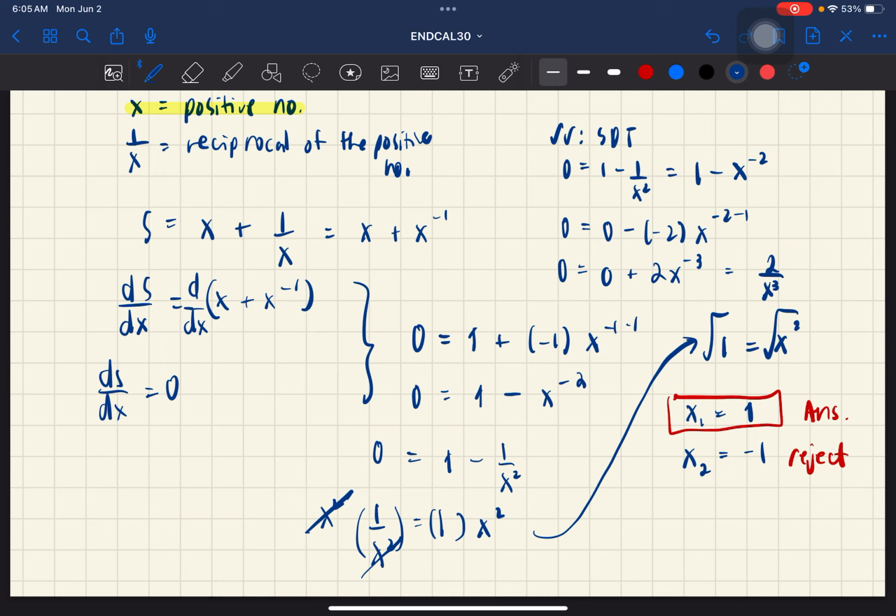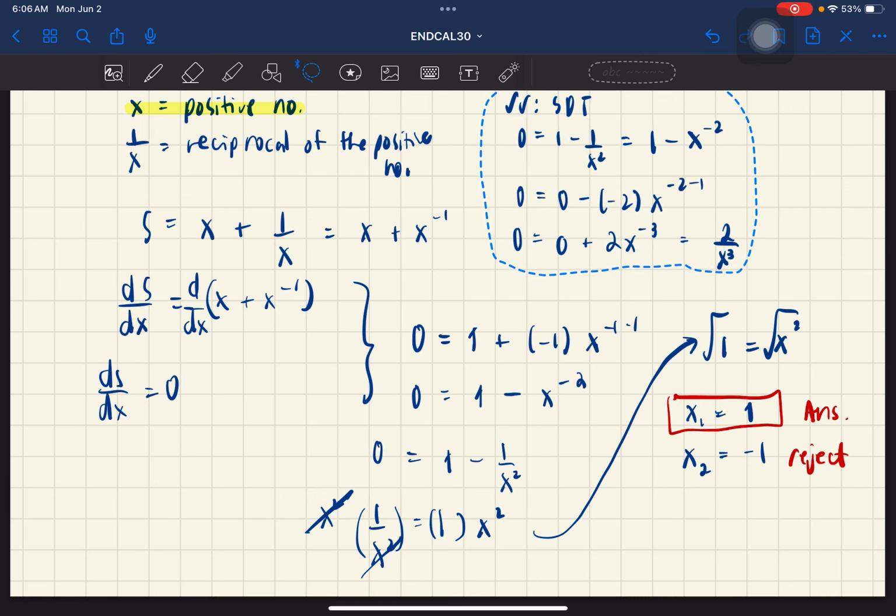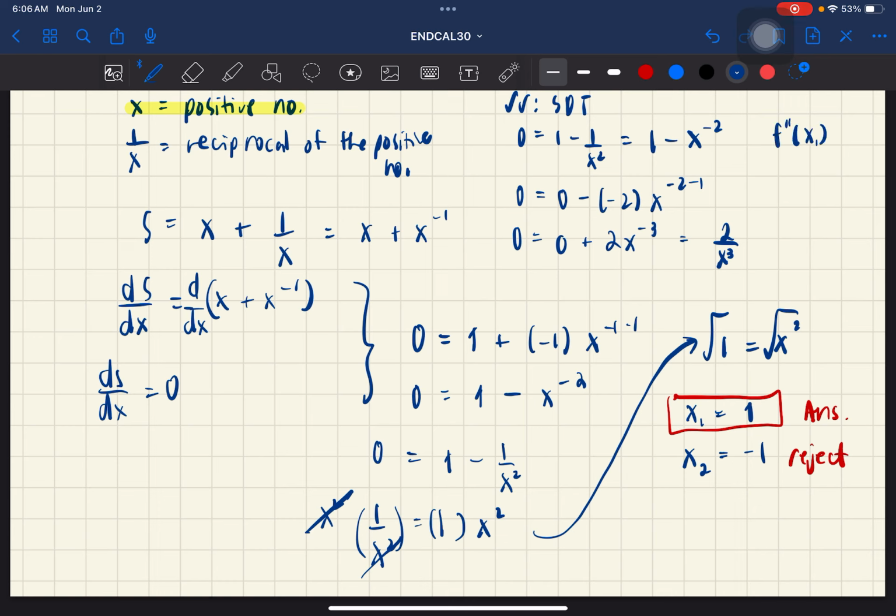Remember, using your second derivative test, you can substitute the value of your x. You substitute the value of x, and then f double prime of x1. So that will be 2 over 1 cubed.